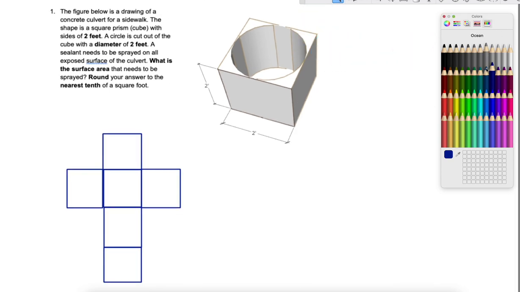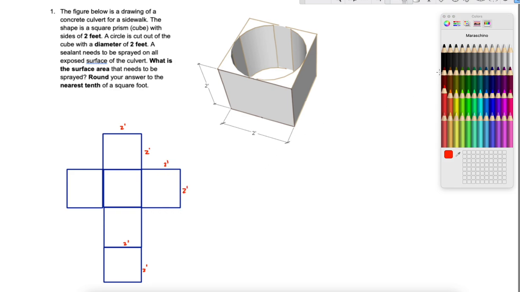And so here are my 6 squares, and they're 2 feet by 2 feet. So all of these dimensions are 2 by 2 on all of these. I just put a couple. I don't need to write them on everything.